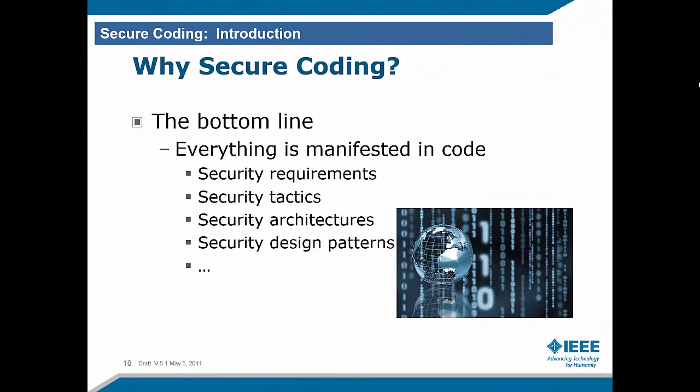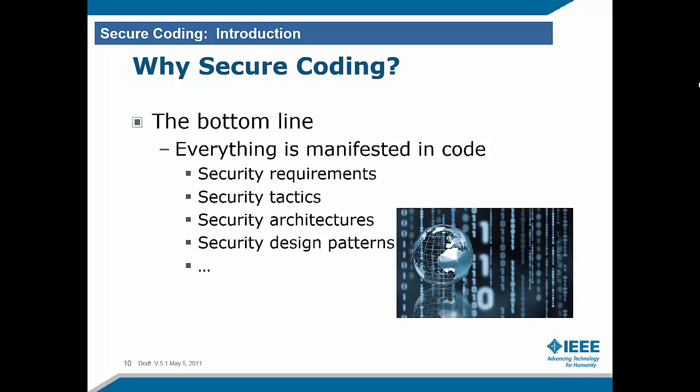Why is secure coding so important? Because the bottom line is everything is manifested in code. That's what the end user is interacting with.